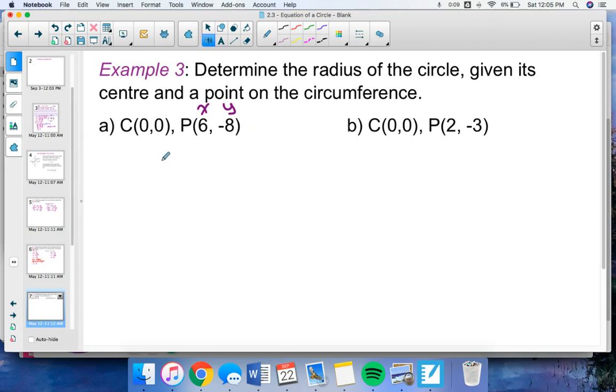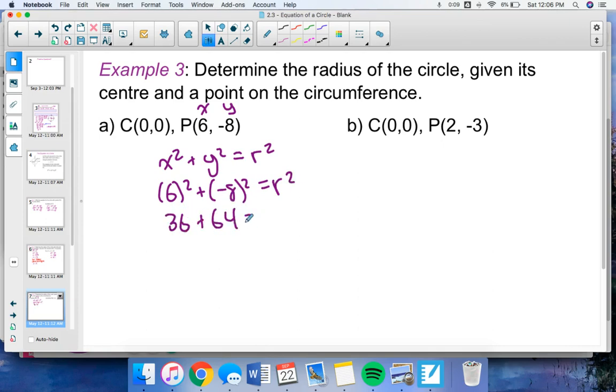Okay, so our formula, x squared plus y squared equals r squared. So this time we don't have the radius. That's what we're trying to determine. So plug in what we know. So 6 squared plus negative 8 squared. Remember, make sure that you have the negative 8 in brackets because it's negative 8 times negative 8. So we'll get 36 plus 64.